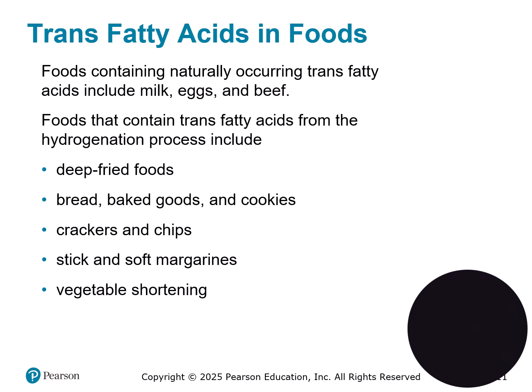And foods that contain trans fatty acids from hydrogenation processes include deep fried foods, breads, baked goods, cookies, crackers, chips, sticks, soft margarines, and vegetable shortening. Many of these things don't taste all that bad at all, like cookies and bread and crackers and all that good stuff. So it's not that this stuff is completely bad for us, it's just we have to be careful, right?